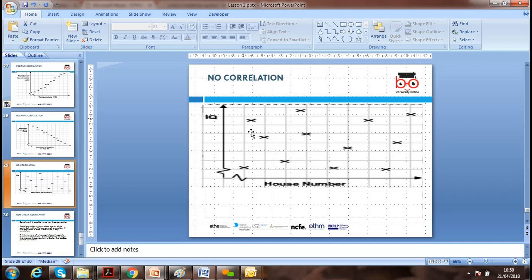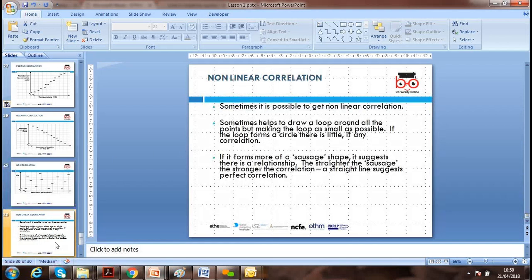In a scattered diagram with no correlation, there is no relationship between the variables. Does it make sense? Number of house numbers and IQ levels, sometimes it doesn't make sense. We learn about the linear.